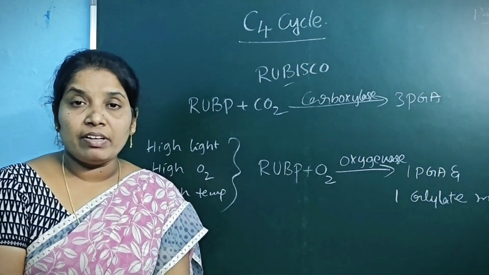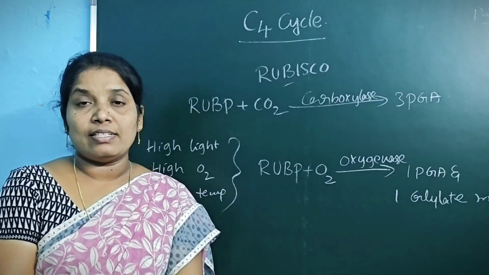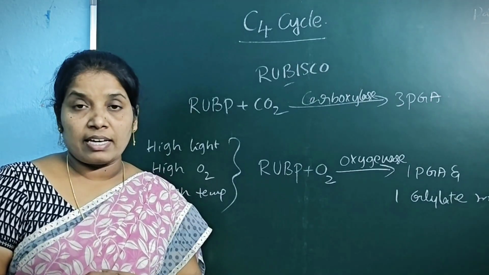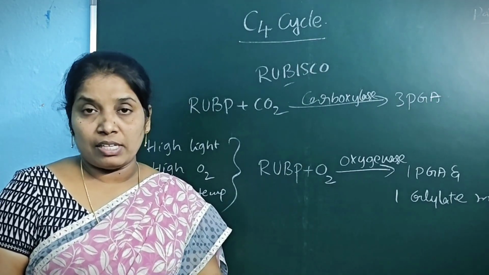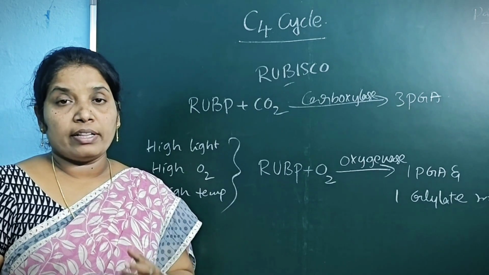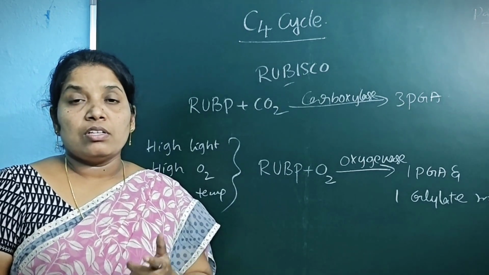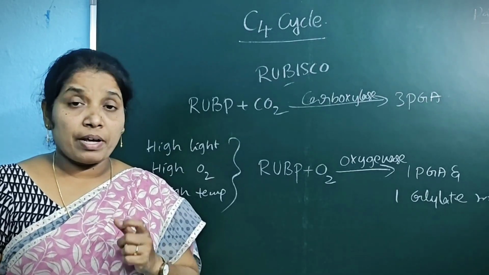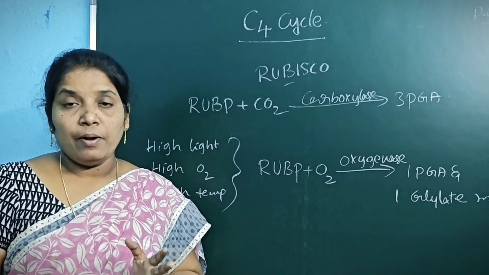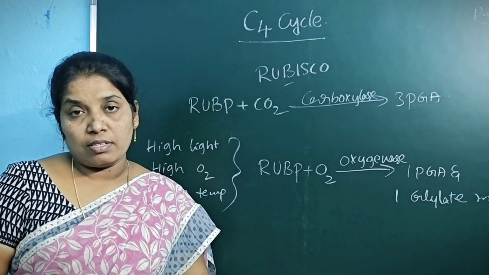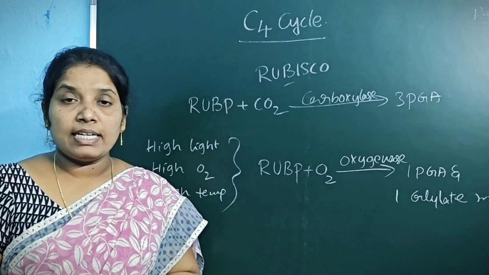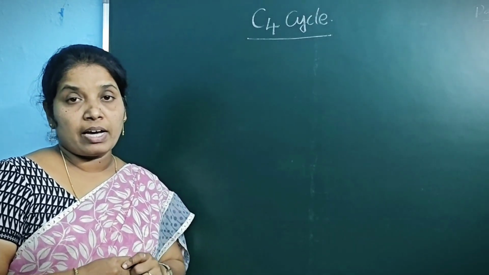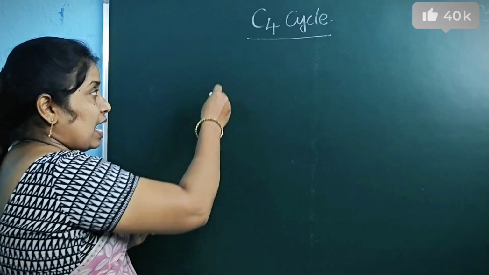So the plants living in tropical and subtropical regions perform an additional cycle, the C4 cycle, to avoid the photorespiration loss. Let's see the C4 pathway. The C4 cycle was first discovered by two scientists, Hatch and Slack.